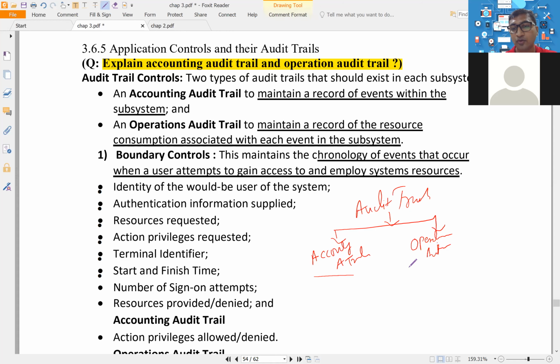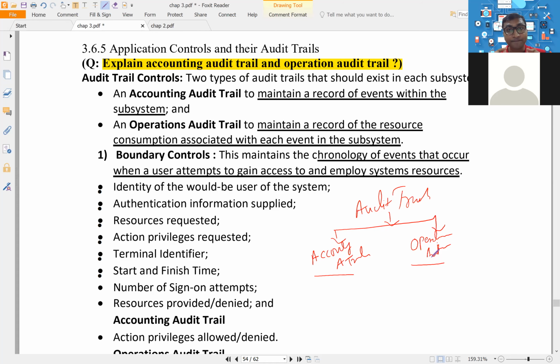Now whenever you are going to perform any activity, I told you that input, boundary, communication, these are the main activities. Just implementing control is not important. Understand very well the meaning of audit trail.